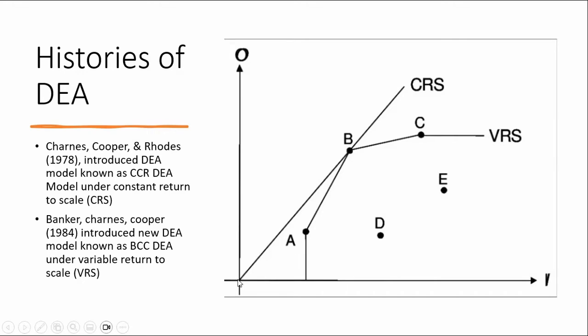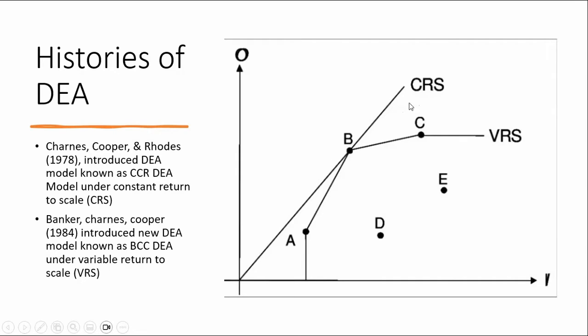This one is the constant return to scale. And then Banker, Charnes, and Cooper introduced a new DEA model known as BCC-DEA, under variable returns to scale. This is the frontier line for VRS.